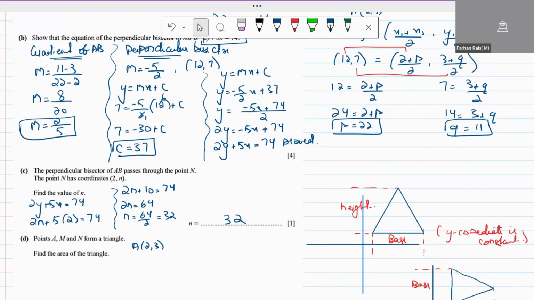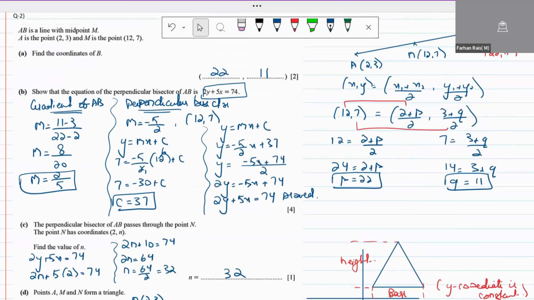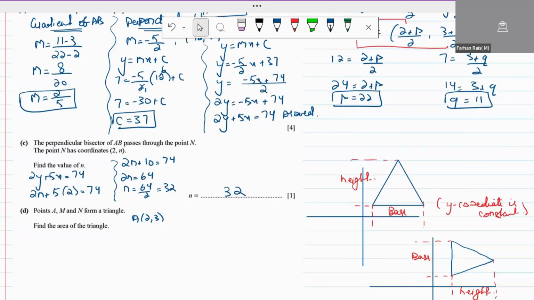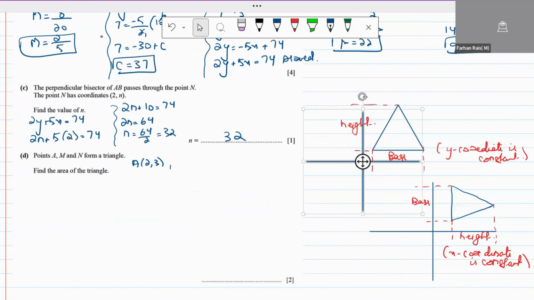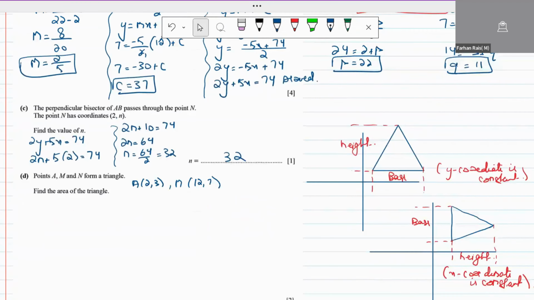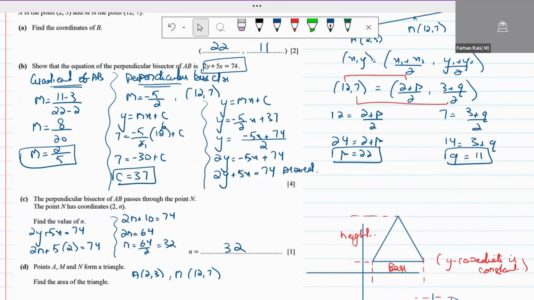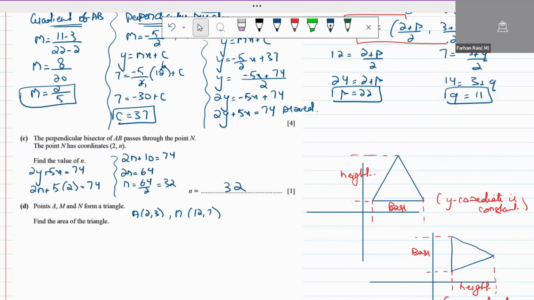Sorry, we don't need B, we need M. M is having the coordinates 12, 7. And N is having the coordinates 2, 32. This is point N for us.